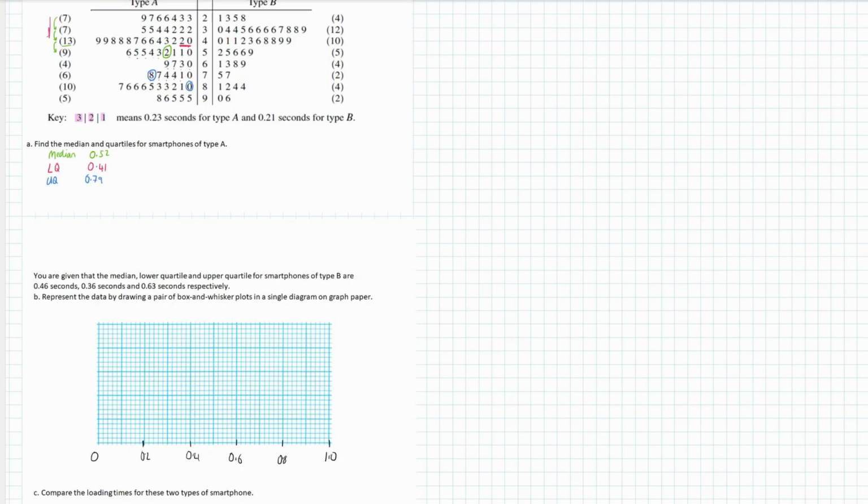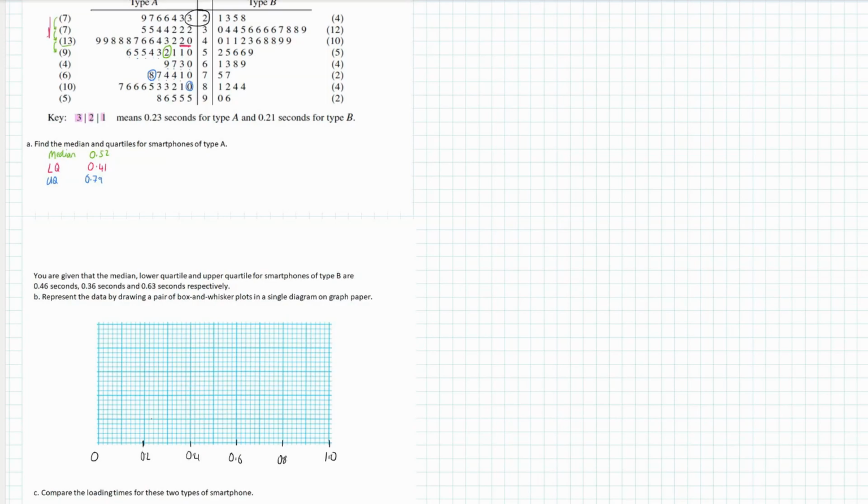And we'll start off with A. The lowest value of A is 0.23. So this is A, 0.23, which would be approximately about there.